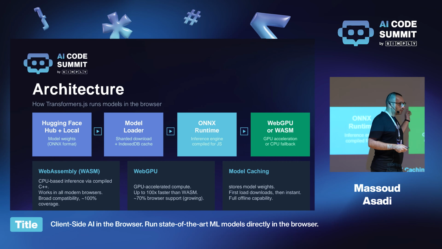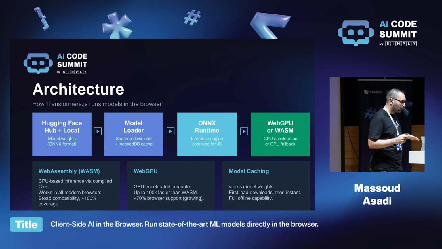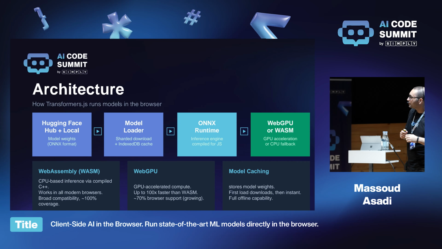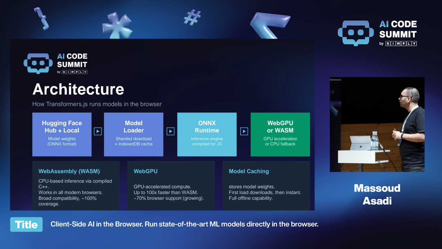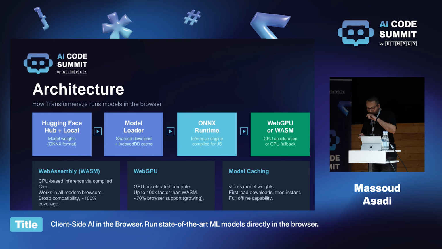But we have WebAssembly too. WebAssembly is standardized on all famous browsers. So if you want to be sure that all people can use your application, you must target WebAssembly.